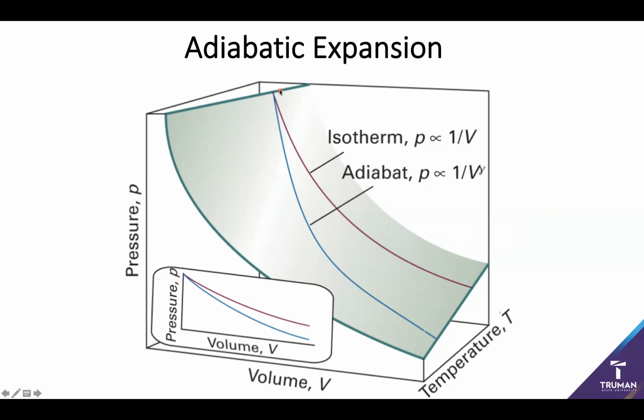Where if you have an isothermal system, I'm essentially pulling heat from the outside to help drive this expansion. And so this idea of where you get your energy from can have some real important consequences in the expansion and compression of real systems.